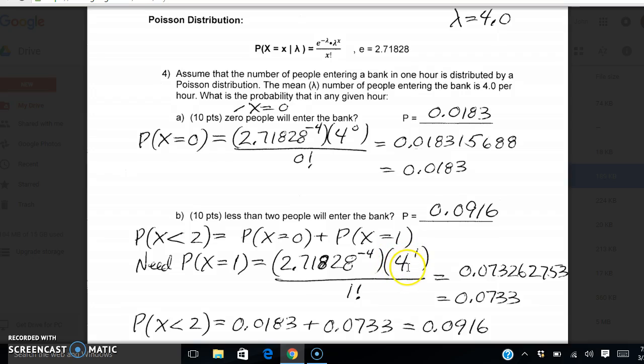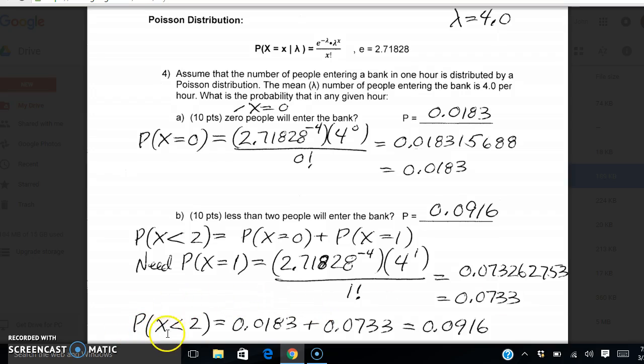Now 4 to the exponent 1 is 4. And then in the denominator, we have x factorial. X is 1. 1 factorial is just 1. So what we end up with is this quantity times 4, which gives us this value right here, and we're going to round that to the 4th decimal place. So this here is the probability of 1 person entering the bank in any given hour.